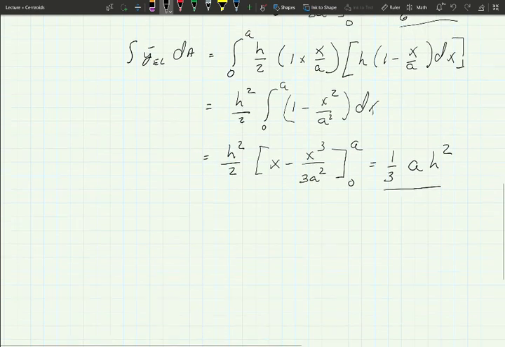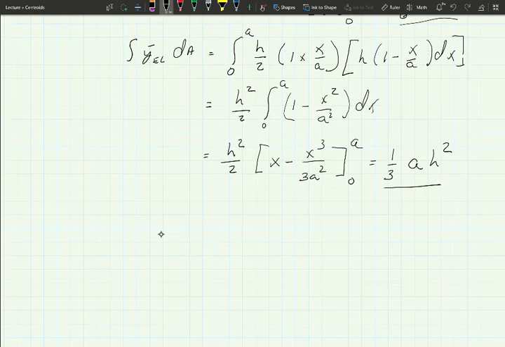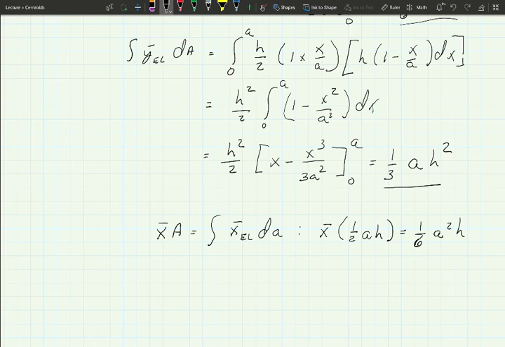All right, so now our x bar a is the integral of x bar L dA, such that x bar times 1/2 ah is equal to 1/6 of a squared h.